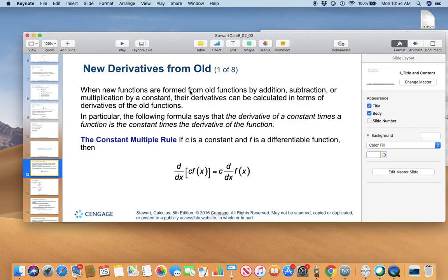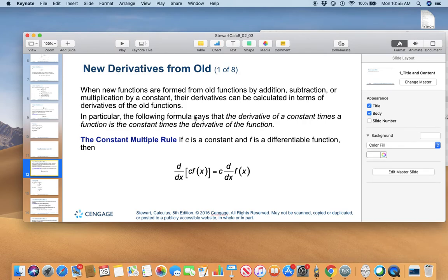New functions are formed from old functions by addition, subtraction, and multiplication by a constant, and you want to find the derivatives of these new functions. When new functions are formed from old functions by addition, subtraction, or multiplication by a constant, their derivatives can be calculated in terms of derivatives of the old functions.